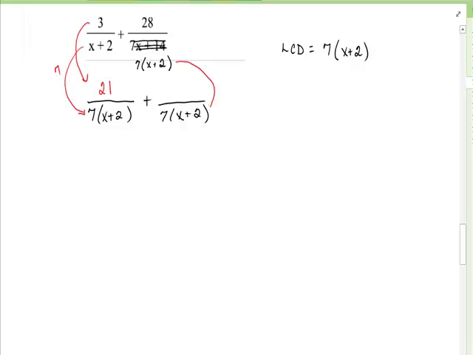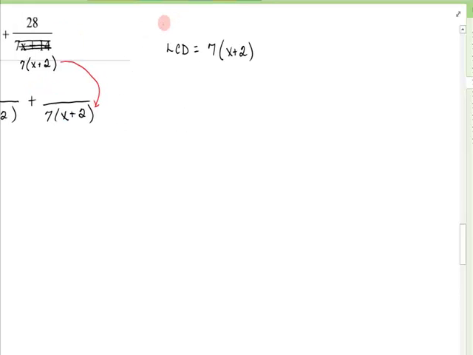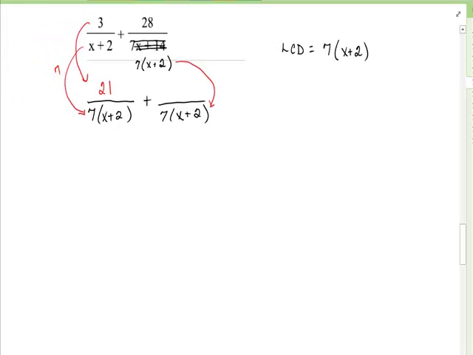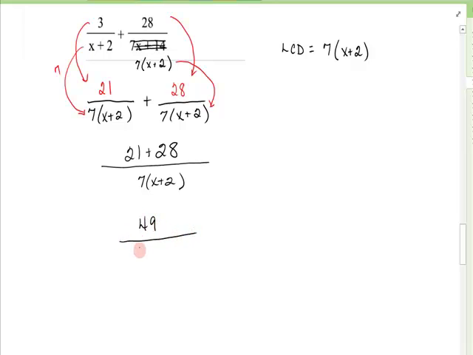This denominator, there's no change. So there's no change here. My least common denominator is 7 times x plus 2, and I have 21 plus 28. That gives me 49 over 7 times x plus 2.